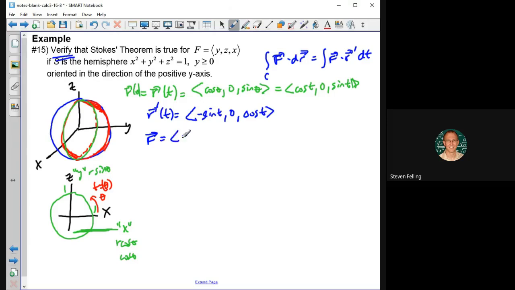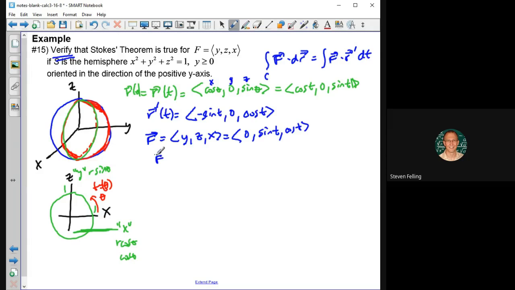So right now it's y, z, x. Going back here, this is x, y, and z from the r. That means that the y has to be 0. The z would be sine theta, or sine t in this case. And then the x would be cosine theta, or cosine t. So here's the field parameterized.